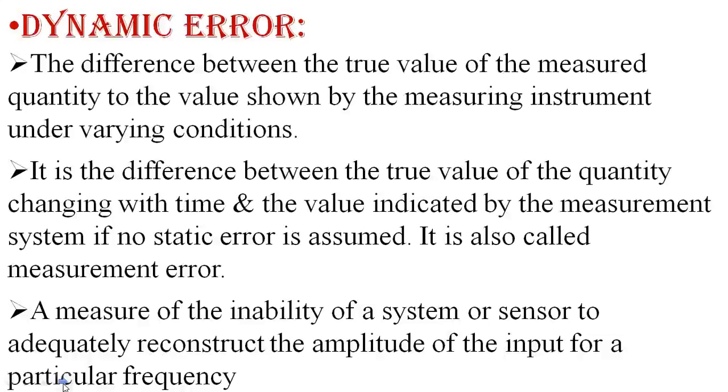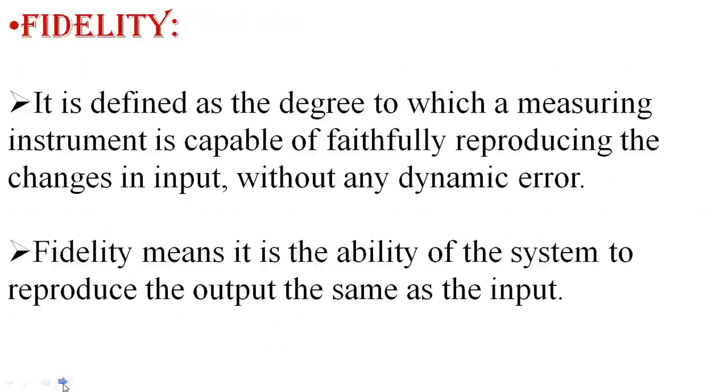It is a measure of the inability of a system or sensor to adequately reconstruct the amplitude of the input for a particular frequency. So dynamic error is the difference between a standard value and the measured value that is varying with time. That is known as the dynamic error.